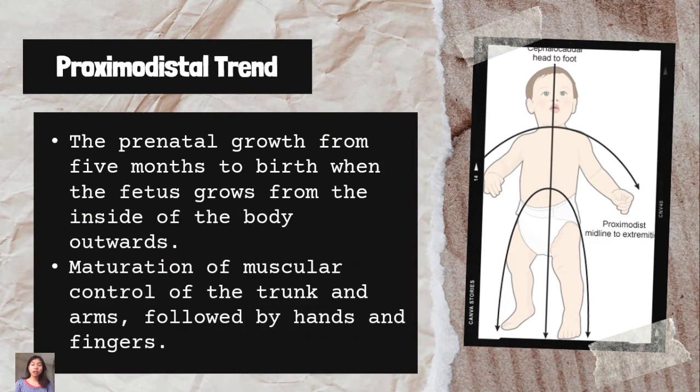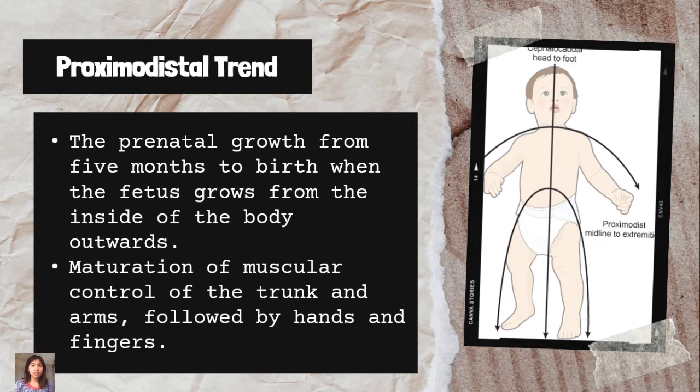The proximodistal trend, on the other hand, is the tendency for more general functions of limbs to develop before more specific or fine motor skills. The term proximodistal comes from the Latin words proxim, which means close, and dis, meaning away from, because the trend essentially describes a path from the center outward.